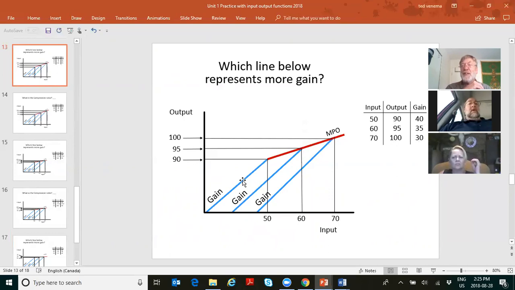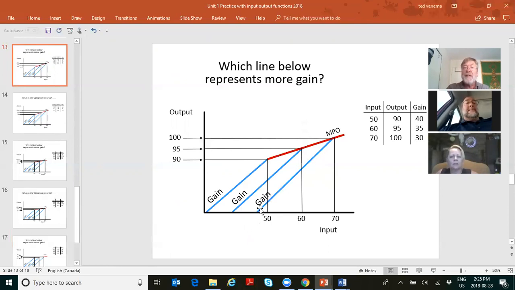And you should be telling me this one. The first one. The leftmost line, if you're moving it this way, always represents more gain. Always, always, always. Look, if I need 50 input to give me 90 output, my gain is 40. But look at the rightmost one here. Look at this line here.